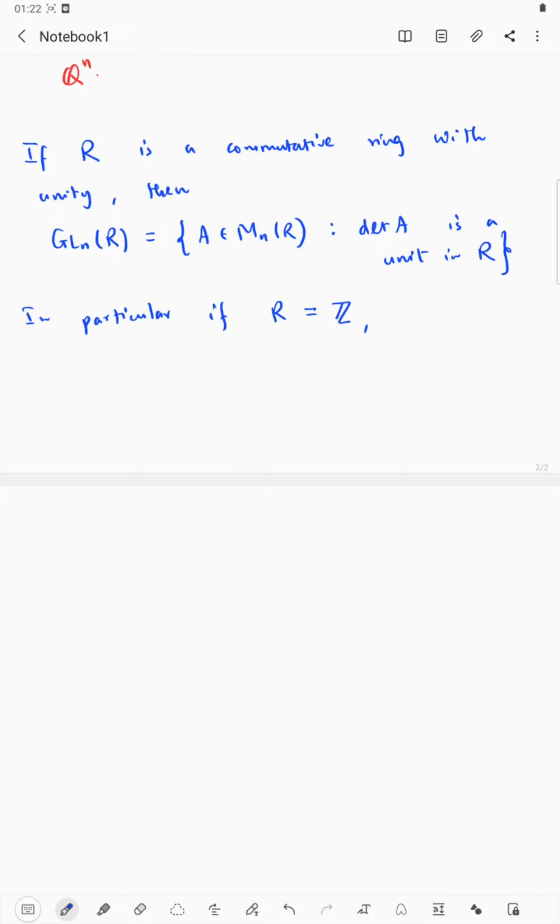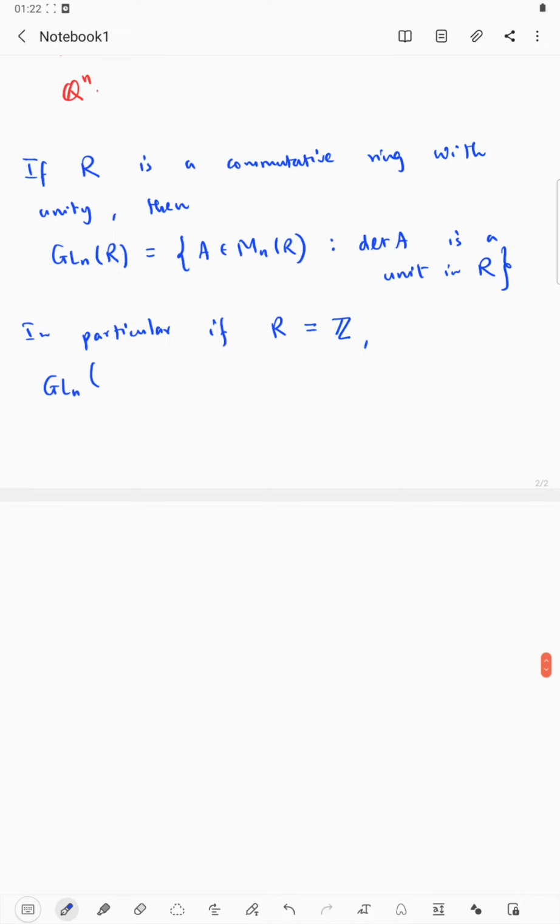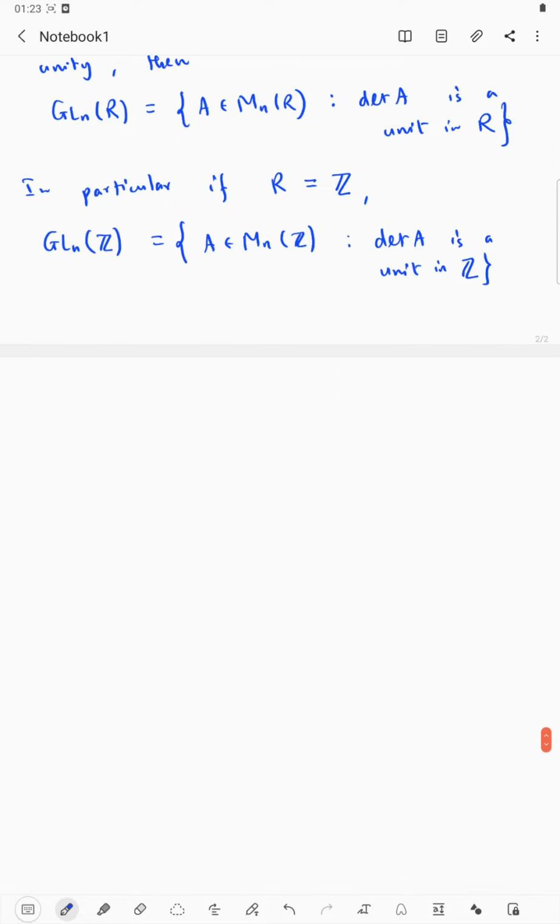So GLN Z is all those A inside Mn(Z) such that the determinant of A is a unit in Z. But we all know that the units in Z are precisely +1 and -1.